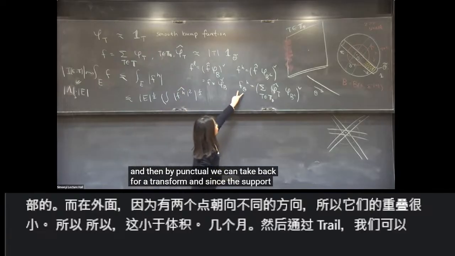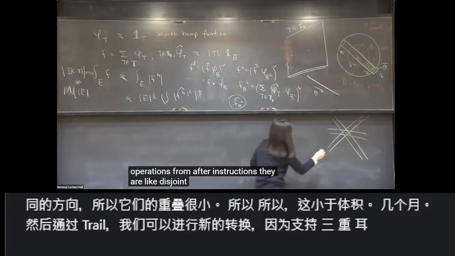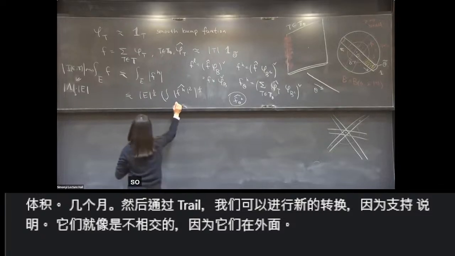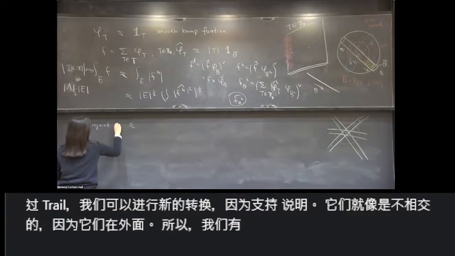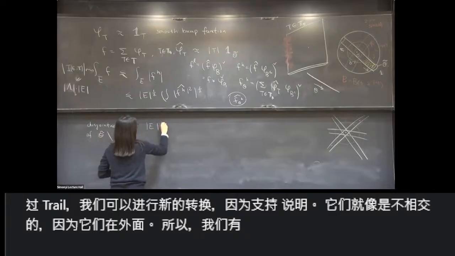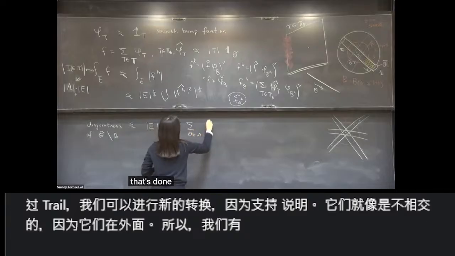Since the supports of the Fourier transforms of those functions are disjoint, because they are outside, this is less than the sum over theta.